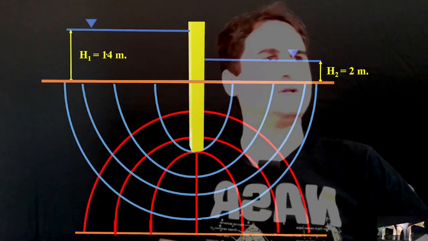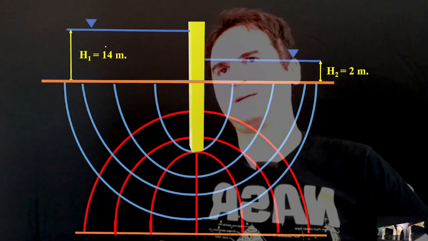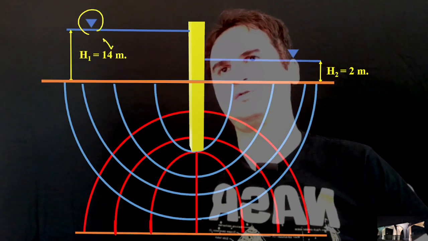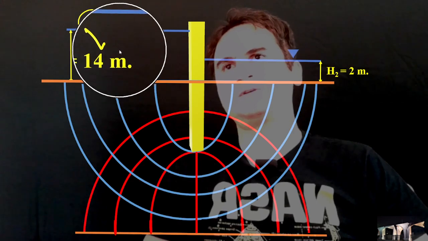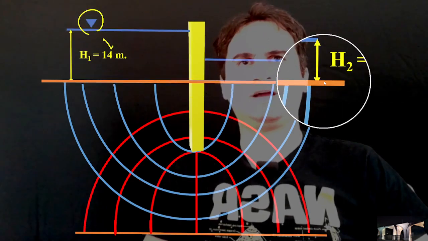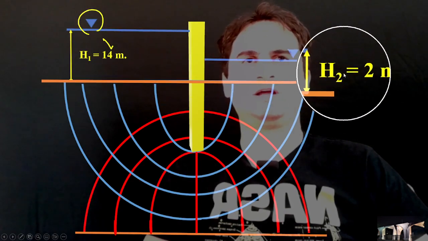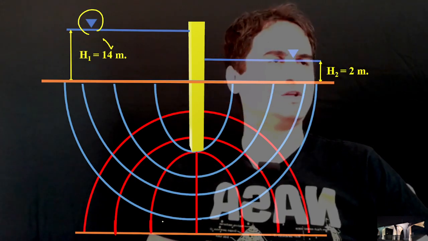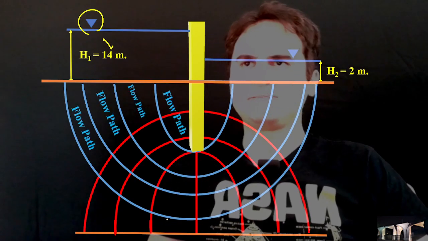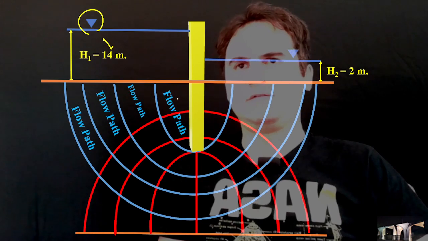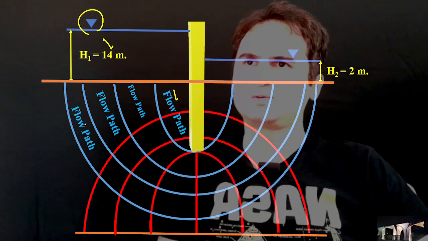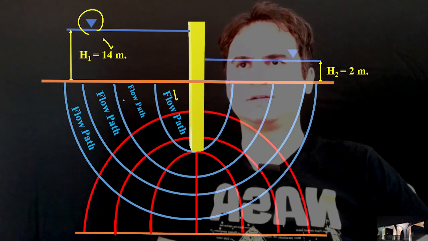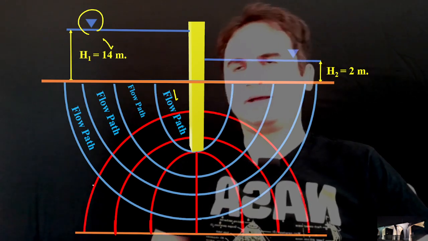Let's put it into a unique example. If we have H1 equal to 14 meters of water upstream of a dam, and H2 equal to 2 meters of water downstream of the dam. Again, we call each of these parts a flow path, a channel, a channel, a channel, a channel.